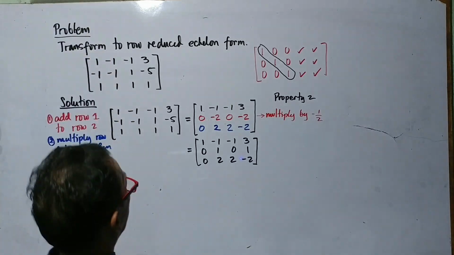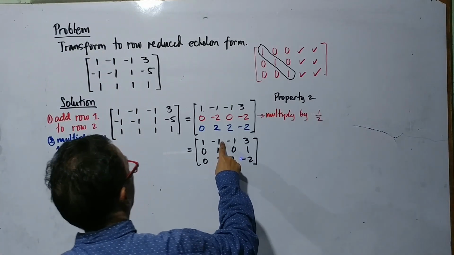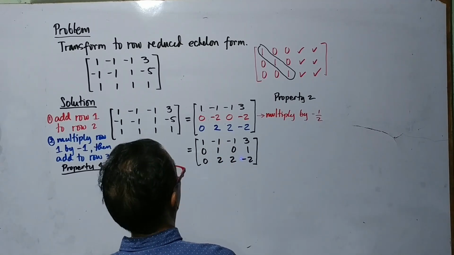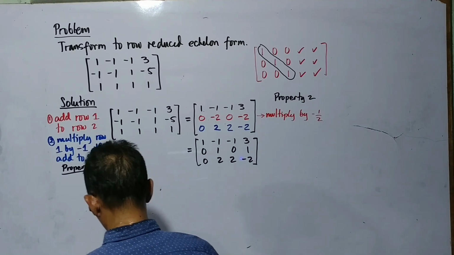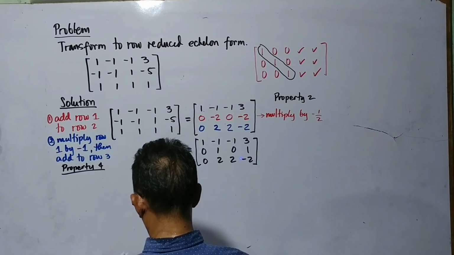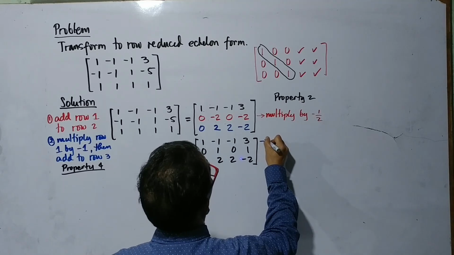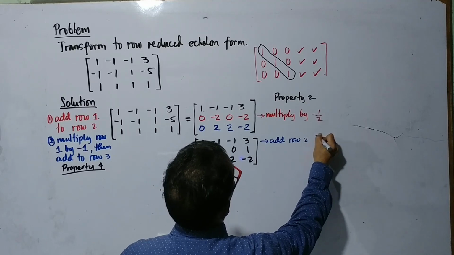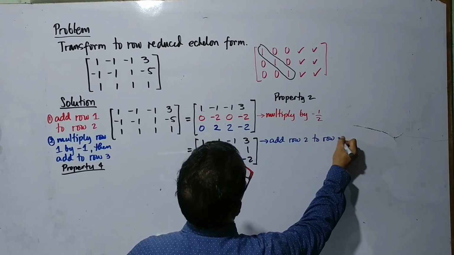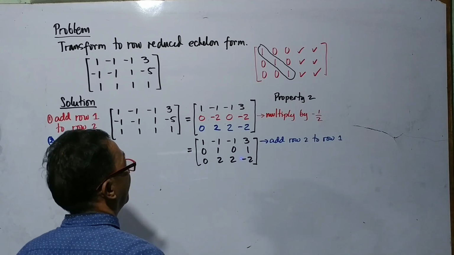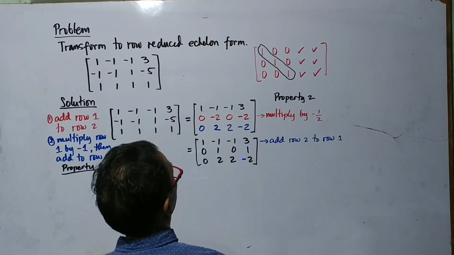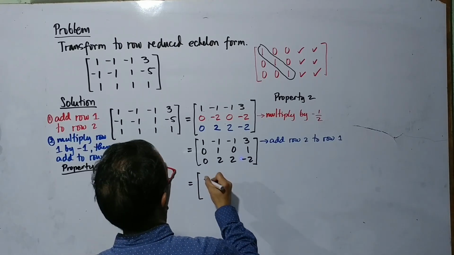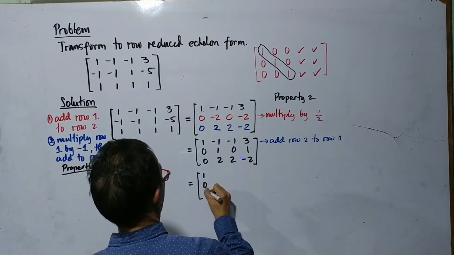So, let's proceed. Here, to make this 0, we have to add row 2 to row 1. So let's start. 1, 0, 0.